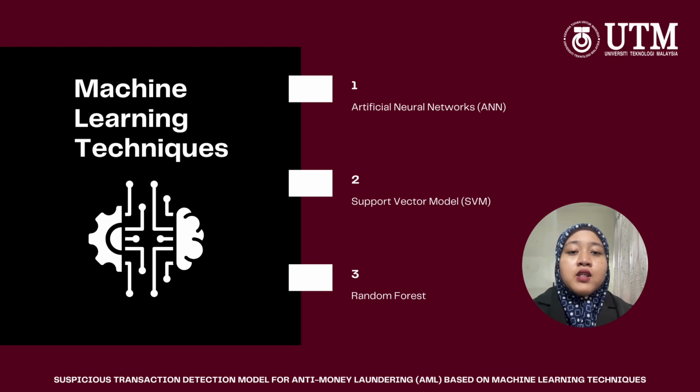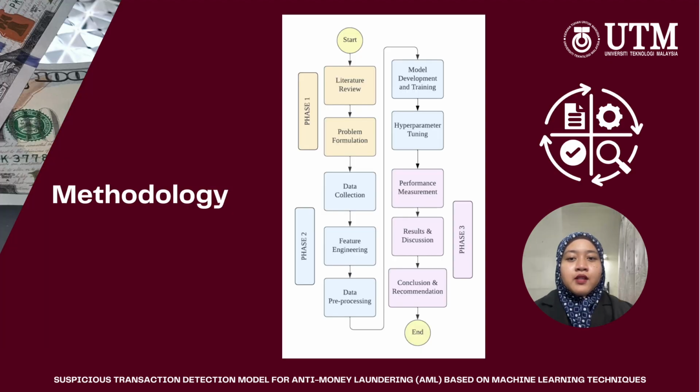The second one is support vector model, which is a straightforward model that classifies and divides linearly. And lastly is random forest, which uses regression and classification and goes through each branch and node quickly and randomly.